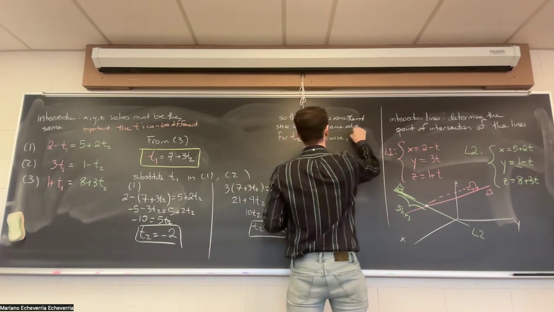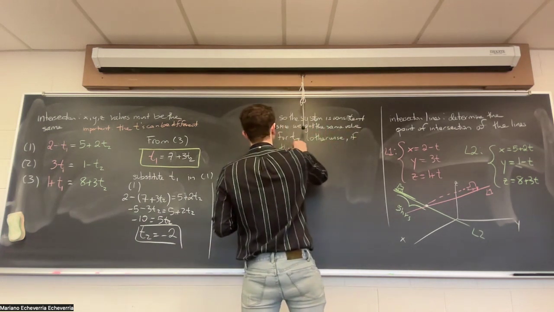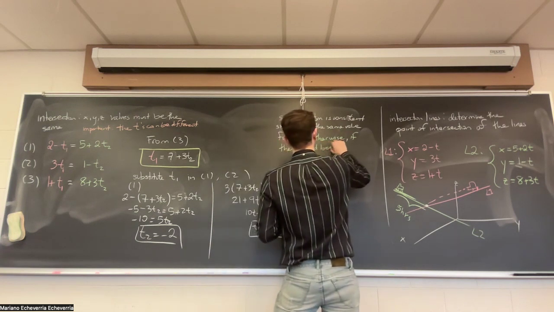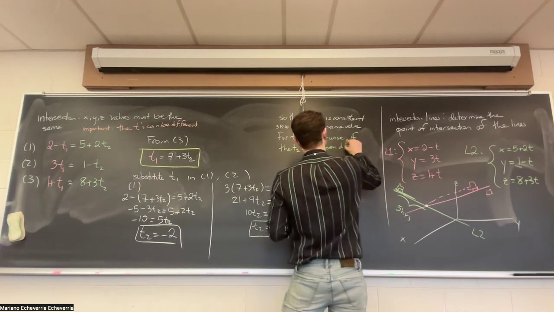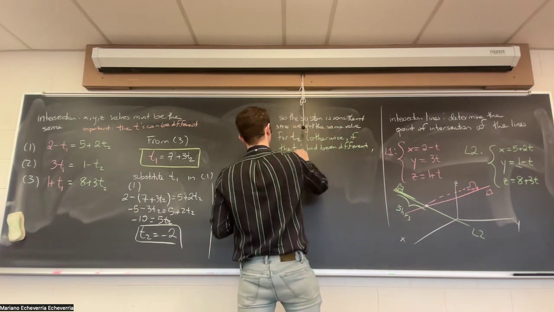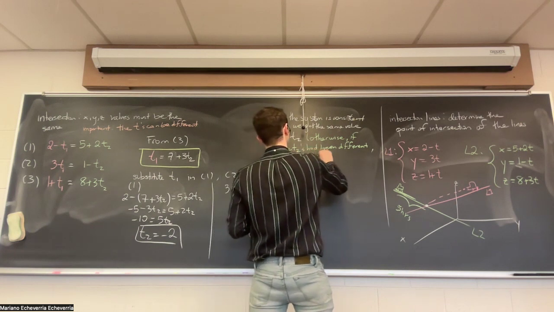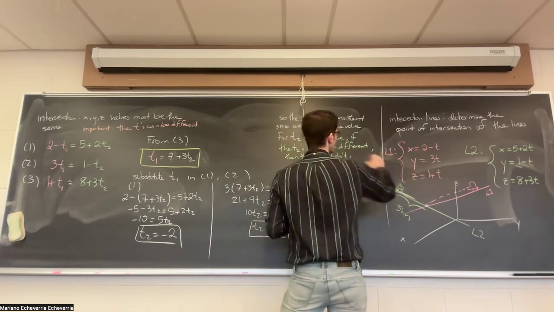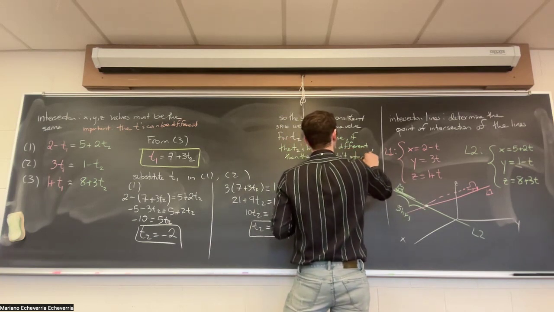If the T2s had been different, that means that the lines didn't intersect. So the picture would have been misleading, that's what I'm trying to say.